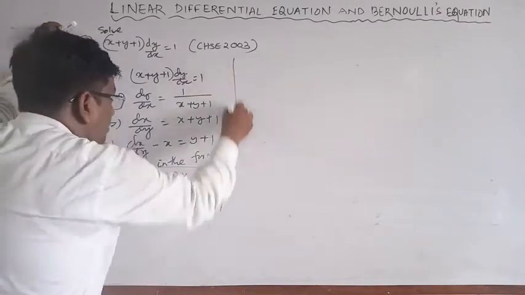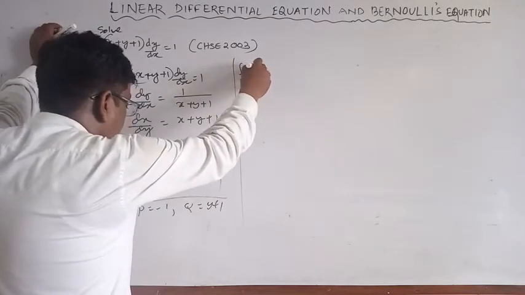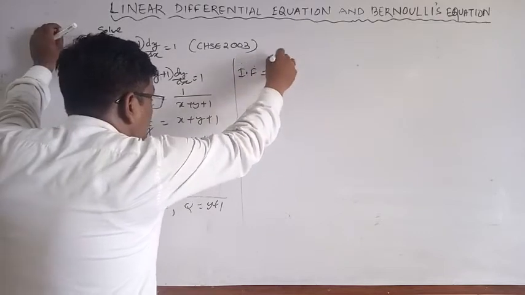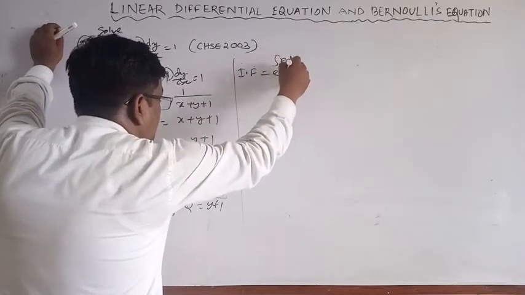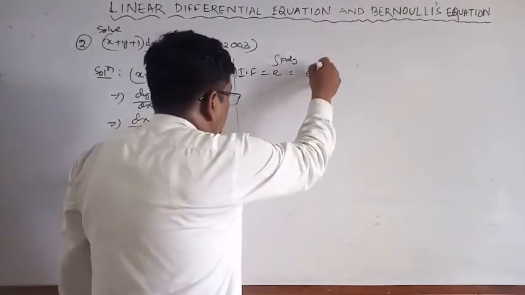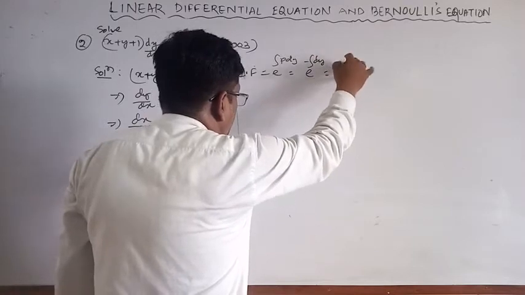Now find the integrating factor. IF is equal to e to the power integral of p dy, which means e to the power integral of -dy. So the IF is e to the power minus y.